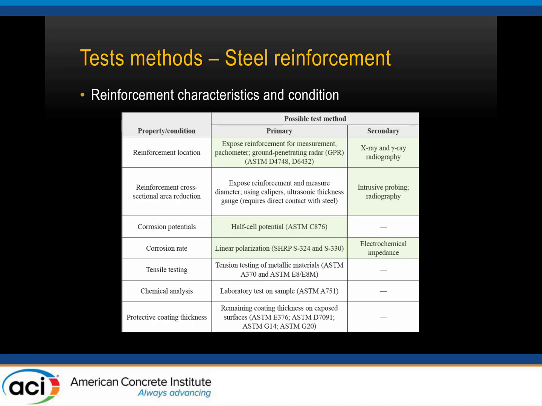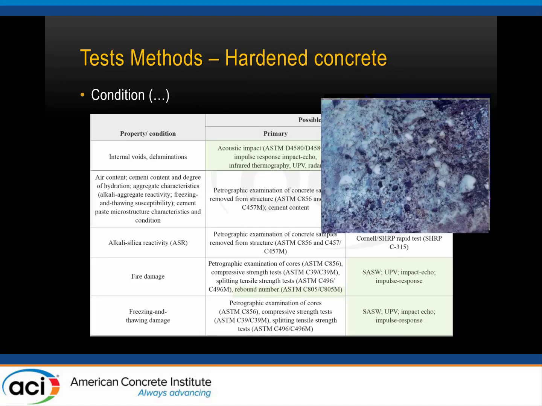For reinforcement and for evaluation of its condition, and sometimes to evaluate the characteristics when we don't have the plans, we don't have the original construction details, sometimes we need to detect where the reinforcement is, what type of reinforcement we have. Is it round bars? So there are different tools, but for sure there are many fewer types of tests that are considered for evaluating condition characteristics of reinforcement.